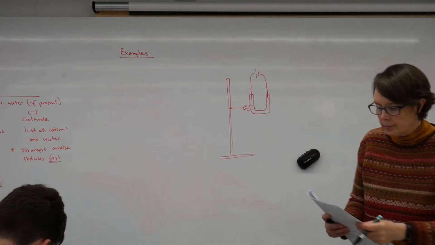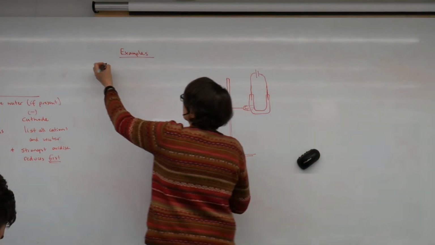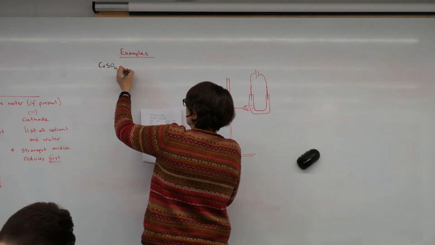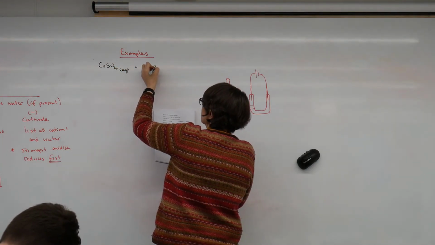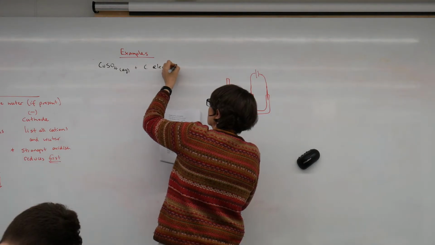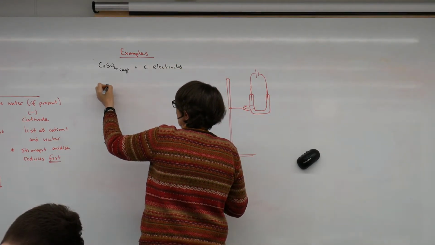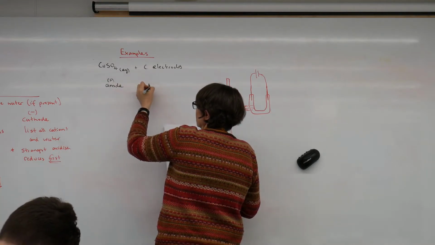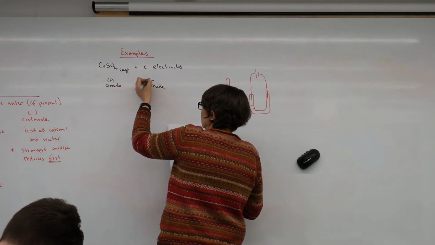So the second example is copper sulfate solution and carbon electrodes. So we have the anode, which is positively charged, and the cathode, it's negatively charged.